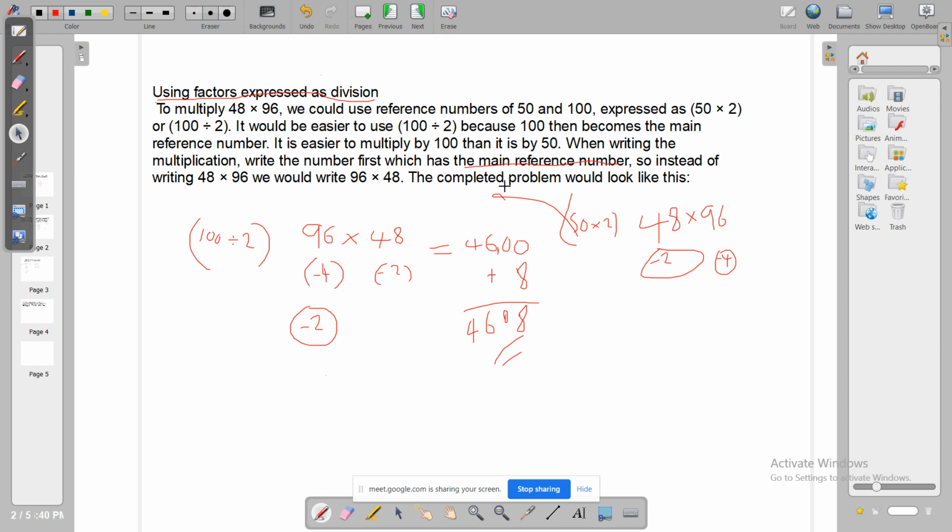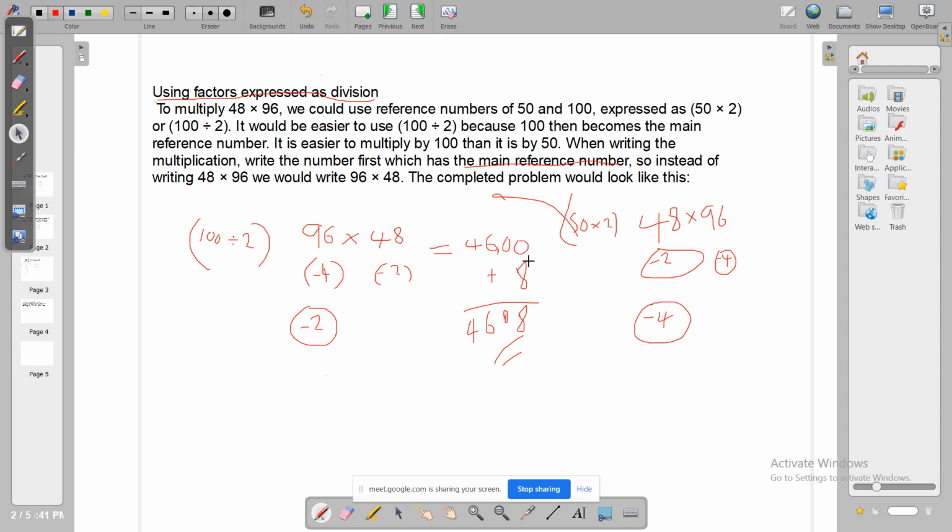So negative 2 times 2 will give us what? Negative 4, right? Yes. Okay, so we have another circle here.